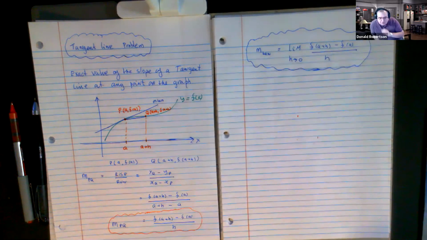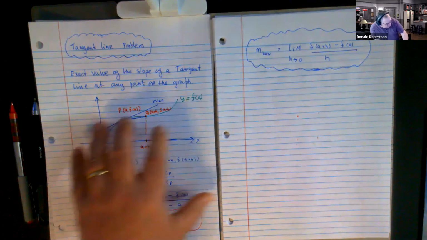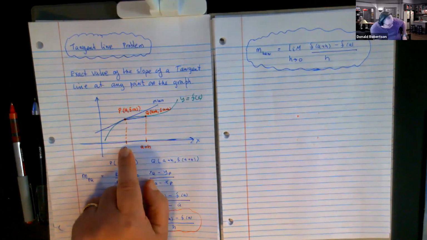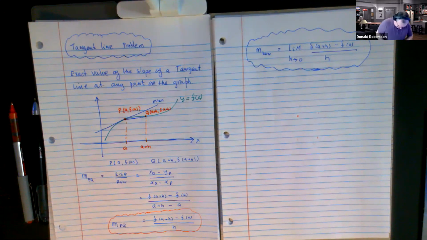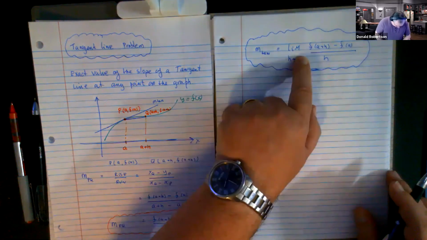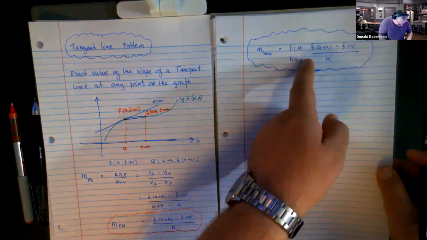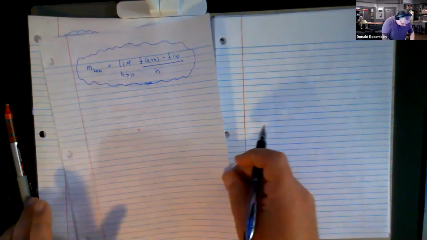And that will work for any function in the universe as long as it's differentiable and you have enough algebra skills to deal with it. Now that's totally general. There's no particular function I've mentioned, no particular point on the curve, but that's going to be our go-to guy. There are two of these guys, but that's the one I'm going to be using probably most of the time.